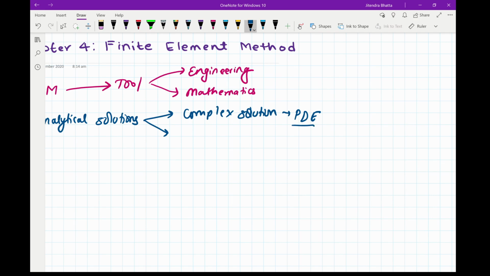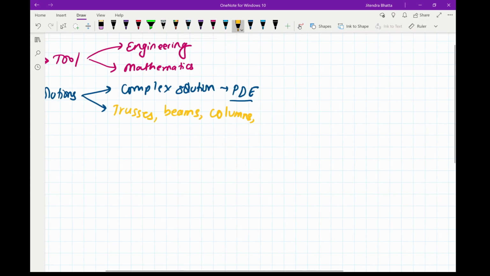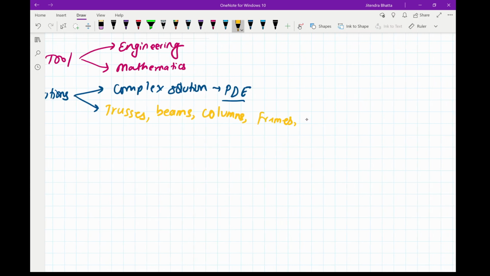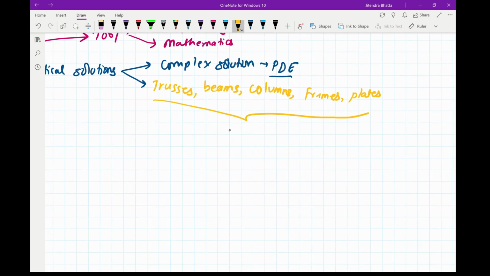Now, solving these partial differential equations is difficult, whereas when you are looking at some elements such as trusses or beams, columns, frames, or some kind of plates, we can solve these by making some assumptions to simplify geometry and the loading conditions.